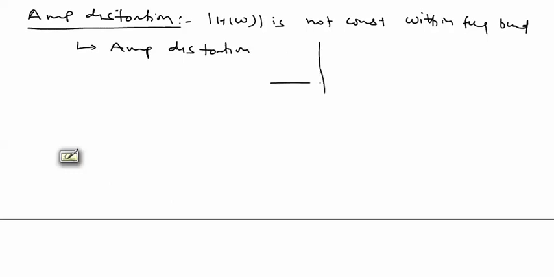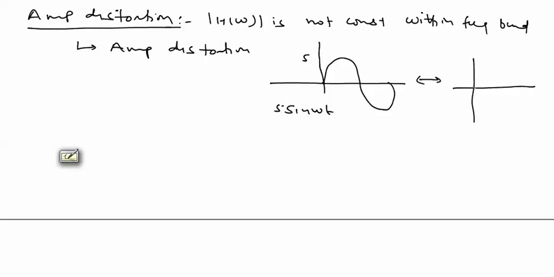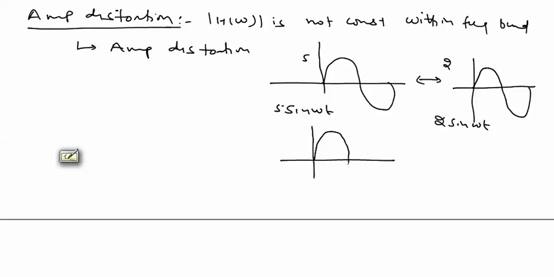Let's discuss with an example. Some sine wave is there, 5 sine omega t. Without amplitude distortion, this waveform maintains its shape and the result may be 2 sine omega t. If amplitude distortion is available here, it does not maintain its shape.